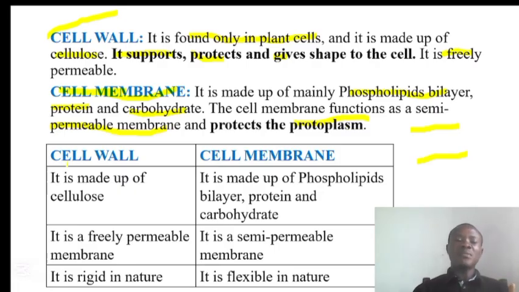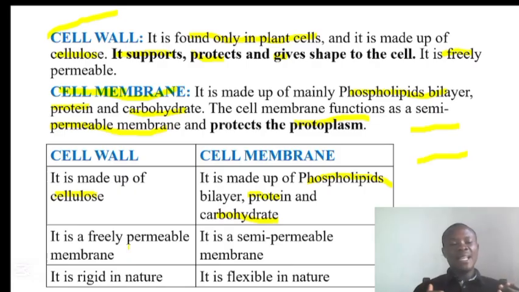Now let's talk about the differences between the cell wall and cell membrane. Based on their composition, what are they made up of? The cell wall is made up of cellulose. The cell membrane is made up of a phospholipid bilayer, protein, and carbohydrates.